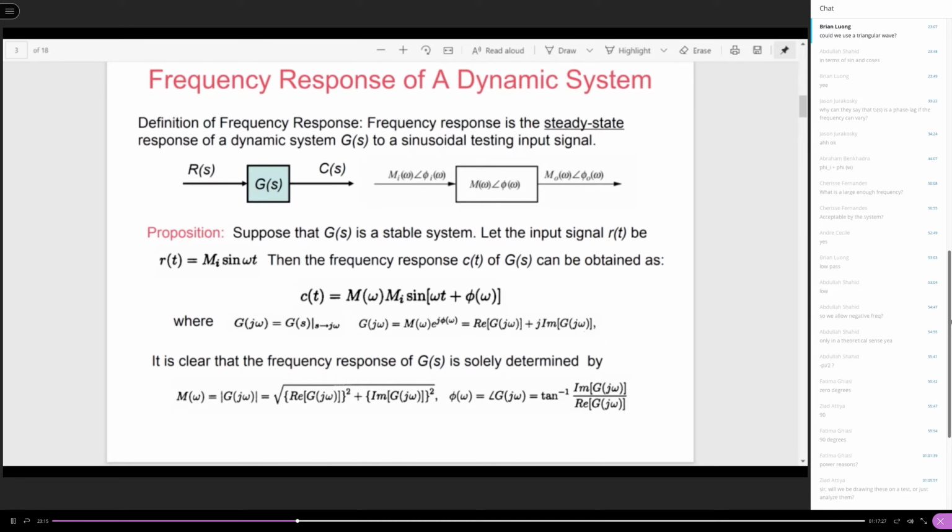Okay, Brian, that's a good question. If you use a triangular wave, you can actually conduct a Fourier series. You know that a triangular wave can be decomposed into a Fourier series expression.